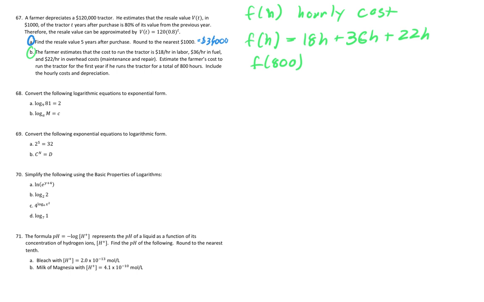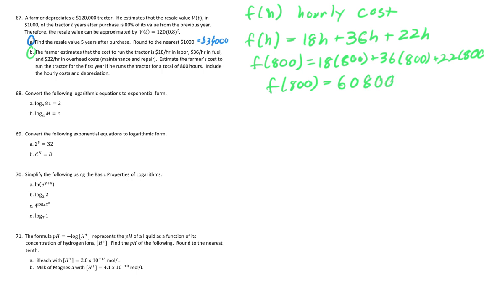So we're going to say f of 800 is going to be 18 times 800 plus 36 times 800 plus 22 times 800. So our f of 800 is going to be equal to 60,800.